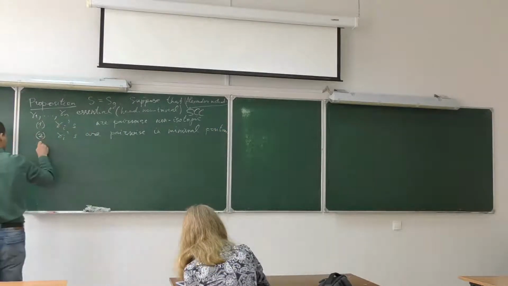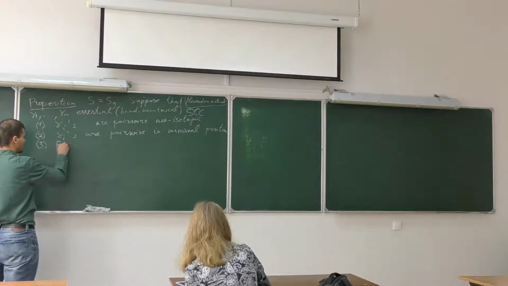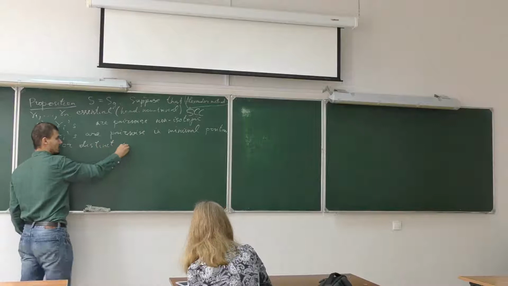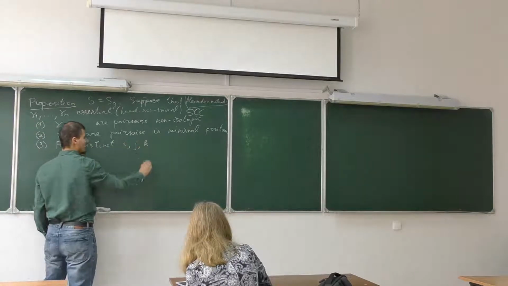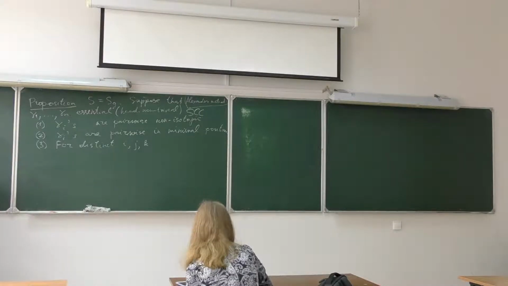And the third condition. The first two are very natural restrictions, but the third one is somewhat less natural. For distinct i, j, k, we can consider three pairs: gamma i and gamma j, gamma i and gamma k, and gamma j and gamma k. At least one of them should be disjoint.